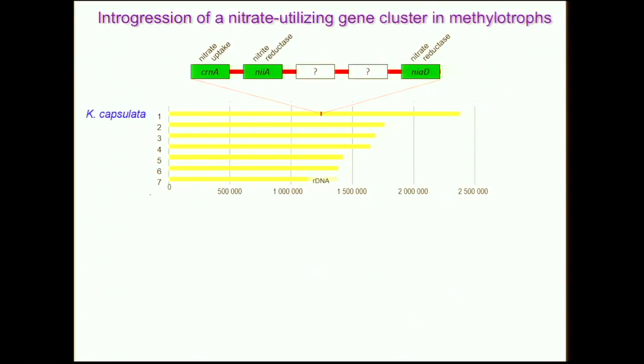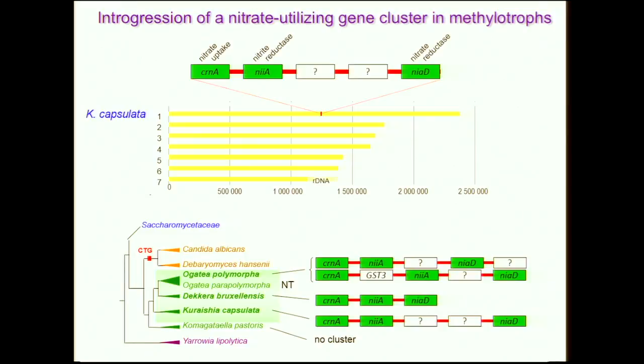Yeasts are not supposed to use nitrate, but in fact, this group of yeast uses nitrate. Having captured a piece of DNA, in this case 3 genes from plants or other sources, gives them a novel phenotype, the ability to use nitrate as a nitrogen source, which is of course different from the others.